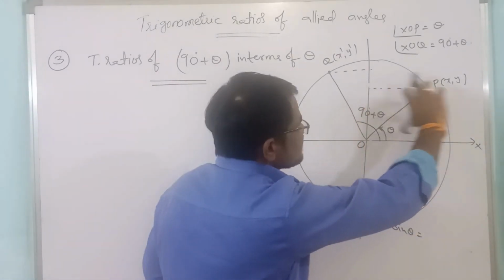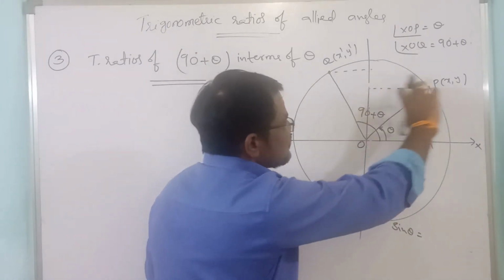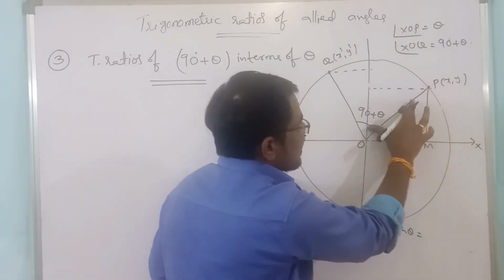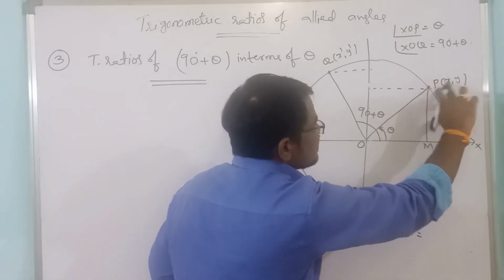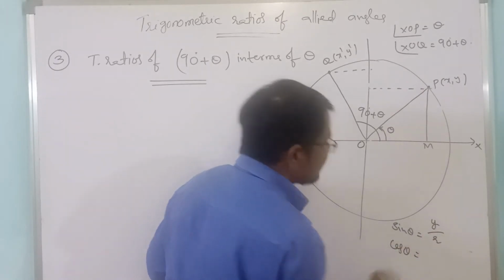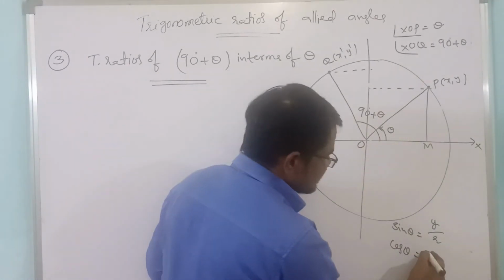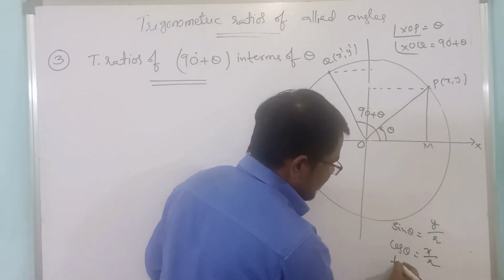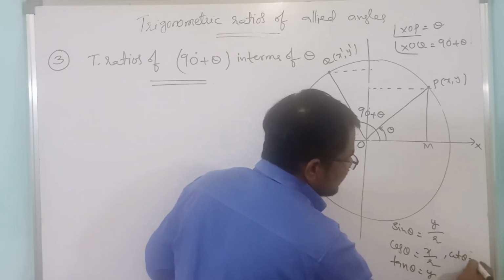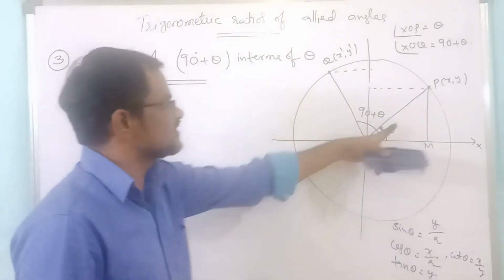So PM opposite side by hypotenuse, and PM is nothing but y. So y by r. Now what about cos theta from this triangle? Adjacent side, that is x by r. What about tan theta? Y by x. Cot theta equals x by y. Like that, the remaining trigonometric functions you can also take from this triangle.